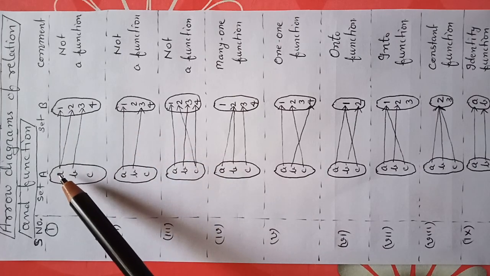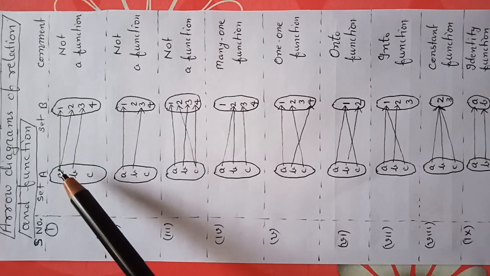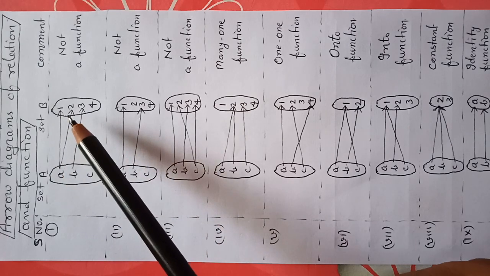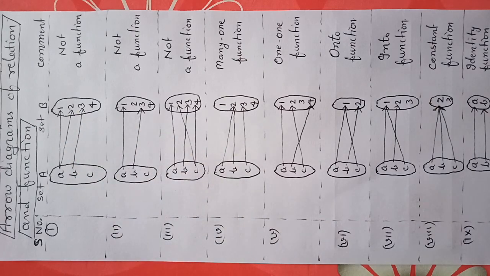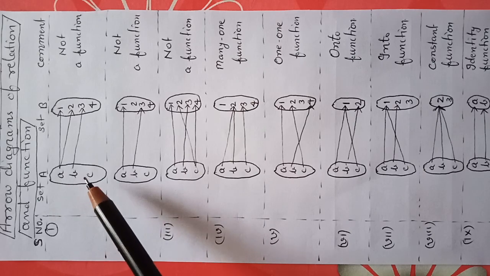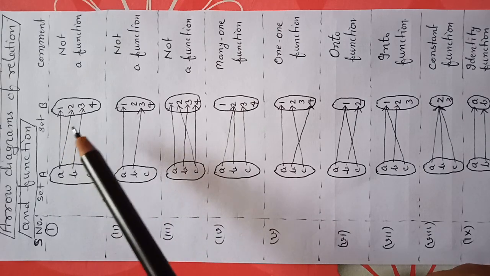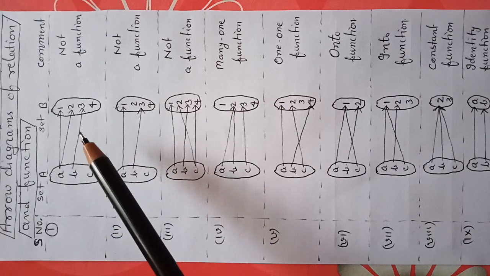That means this particular element A is associated with 1 and also 2. B is associated with 3. But C, the element of A, is not associated with any element of B. So, the first condition of the relationship is violated.